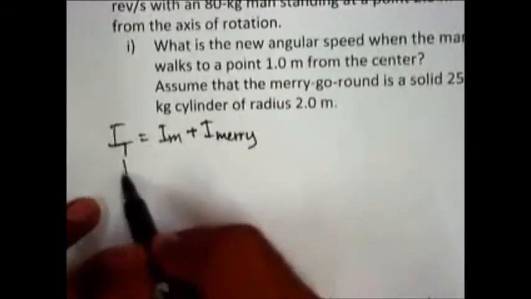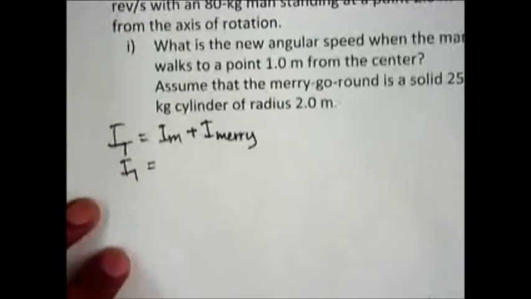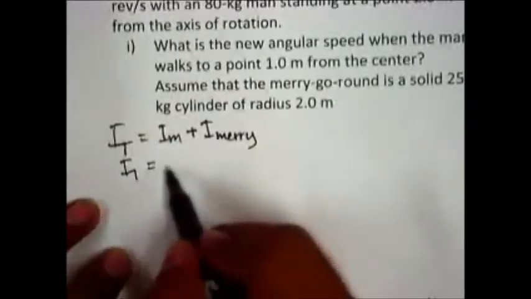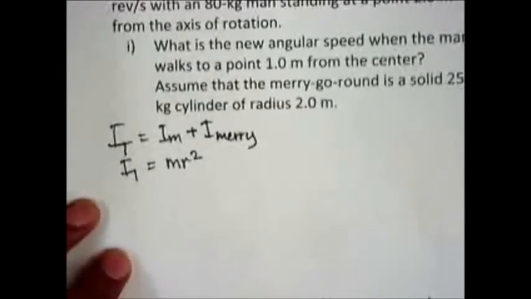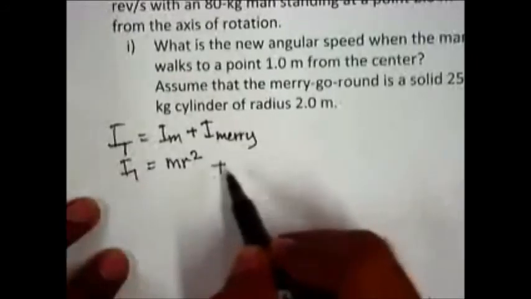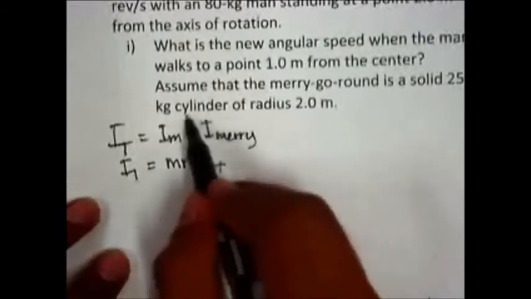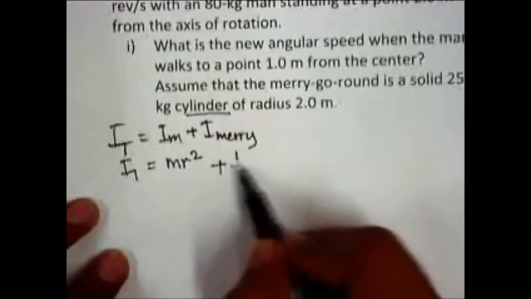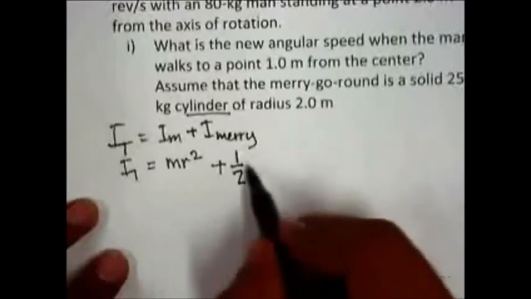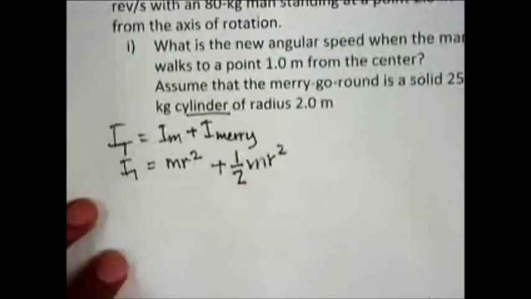So for the initial moment of inertia, for the man I'll use mr squared, because this is the formula for finding the moment of inertia. For the merry-go-round, since the question says it's a cylinder, and if you check your books, the moment of inertia of a cylinder is given as half mr squared.